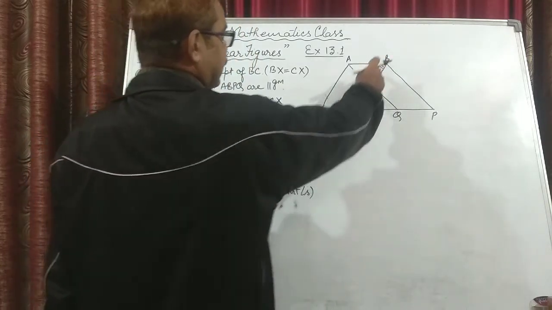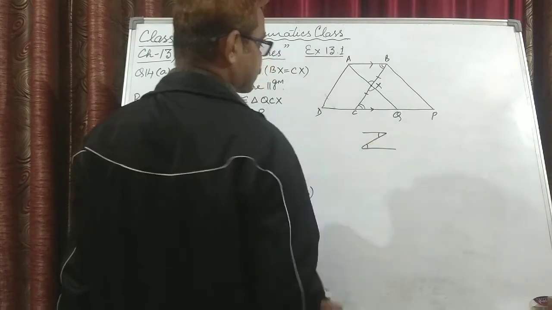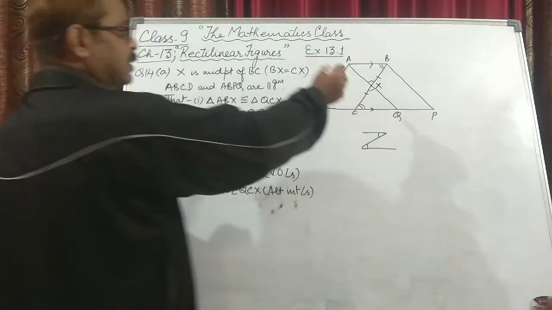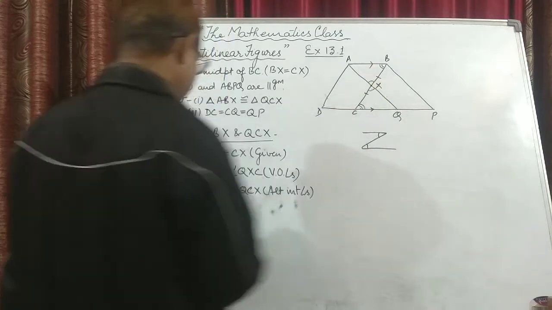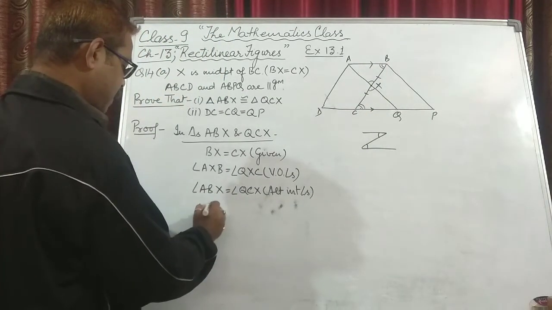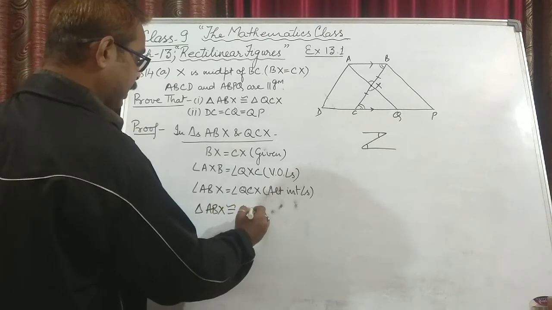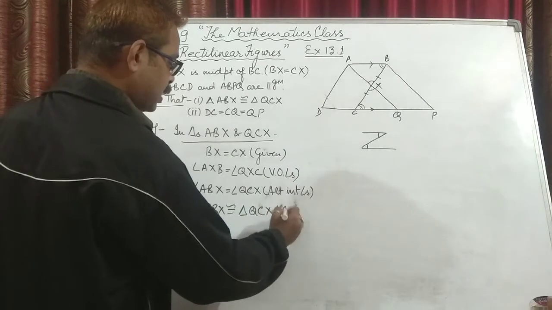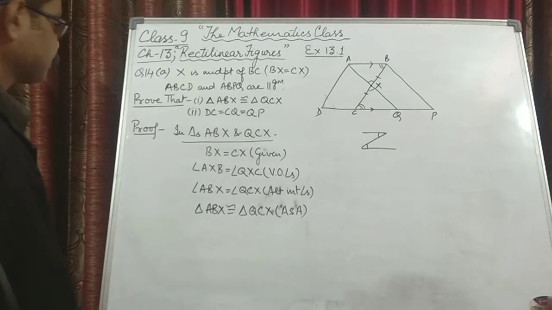So this angle C and angle B will act as alternate interior angles. Something like this is the figure. So we have proved with the help of angle side angle that triangle ABX is congruent to triangle QCX by which rule? Angle side angle rule. This was the first part.